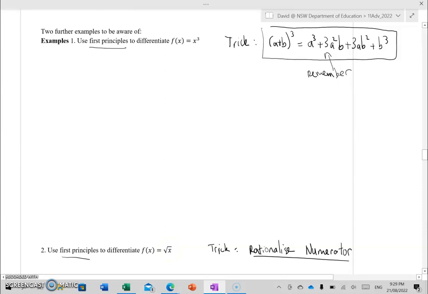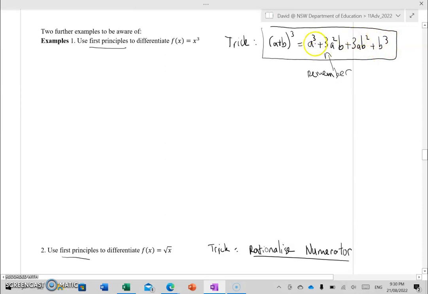To help you differentiate this cubic, there is a very useful trick: the formula for (a plus b) all cubed. I recommend memorizing this: a cubed plus 3a squared b plus 3ab squared plus b cubed.